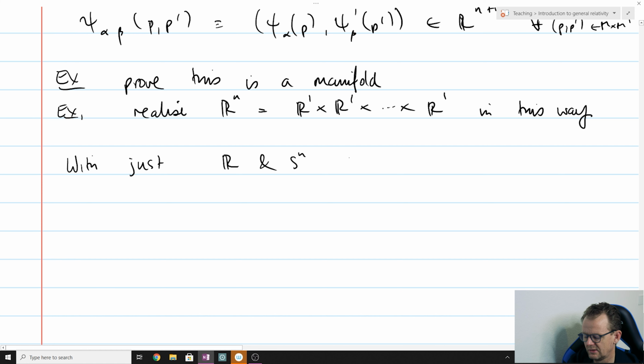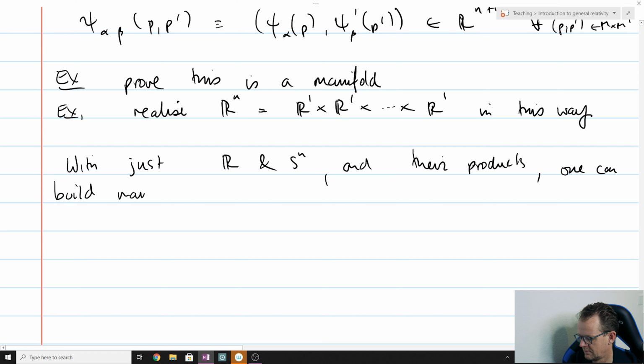So just with these two families and their products, one can build many interesting examples or relevant manifolds for general relativity.